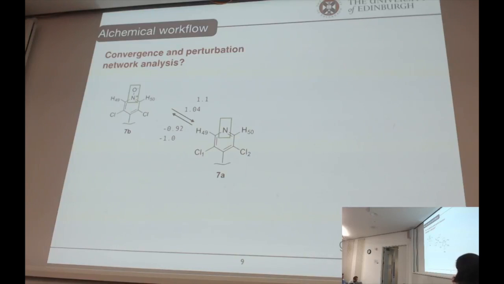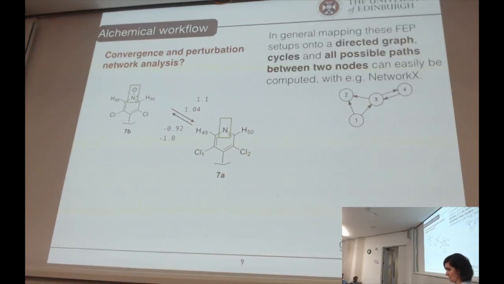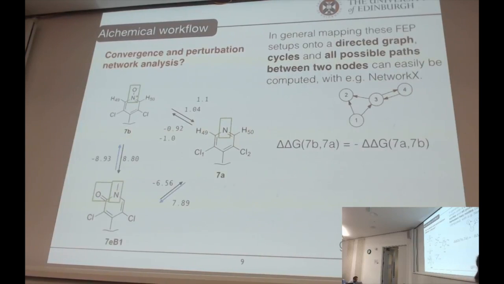Then we can average the numbers we get, so we get an average and the standard error on each of these edges, essentially. As I said, we do many perturbations, so we don't just have a pair of two, but we can actually use a whole perturbation network that, in the smallest case, would be a cycle like this.